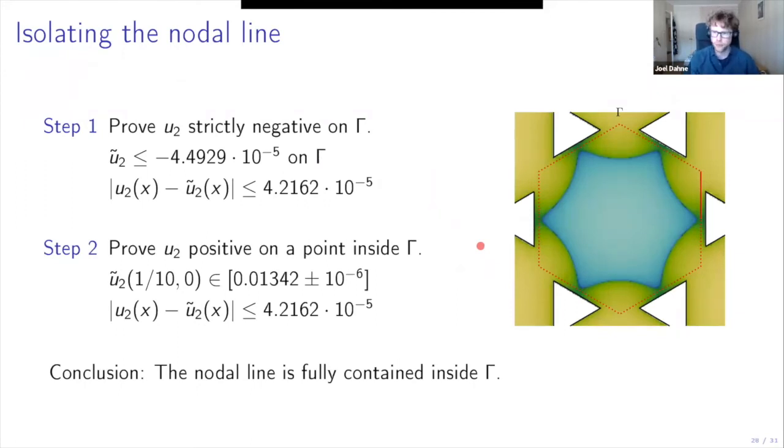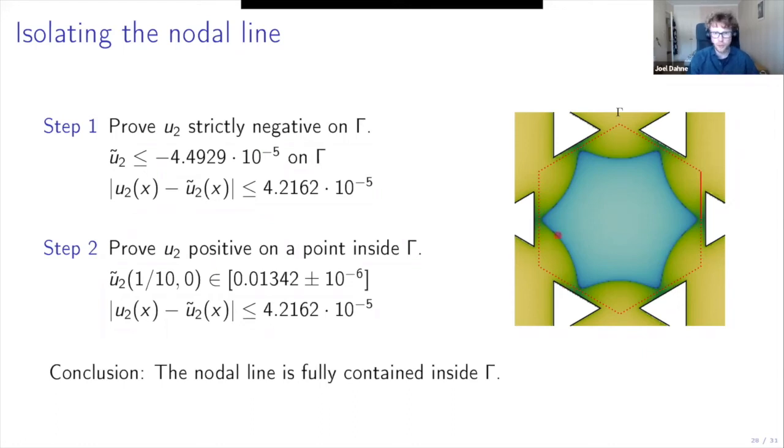So then we go on and prove that this second eigenfunction indeed has an isolated nodal line. And we do this in two steps. We first prove that U2 is strictly negative on this gamma here. So this gamma goes around this whole blue thing, and we prove that the eigenfunction is strictly negative on this.